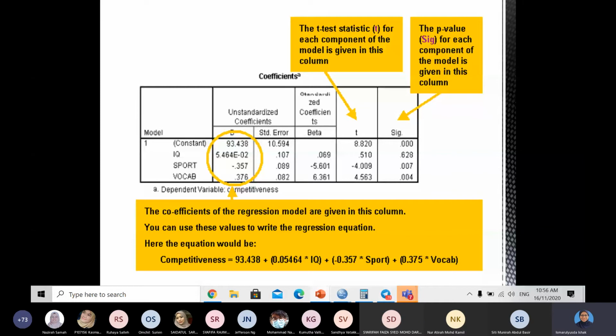So you can predict that those with high vocab will have increased competitiveness. But for sports, it is negative: the more time spent in sports, the lower the competitiveness.